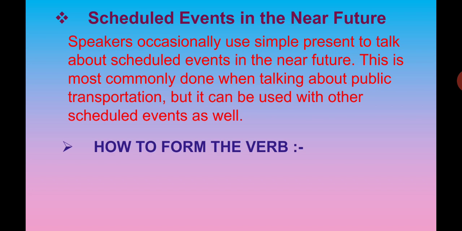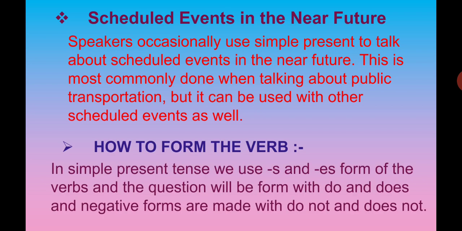Now let's see how to form the verb of the simple present tense. In the simple present tense we use the S/ES form of the verbs, the question is formed with do and does, and negative sentences use do not and does not.